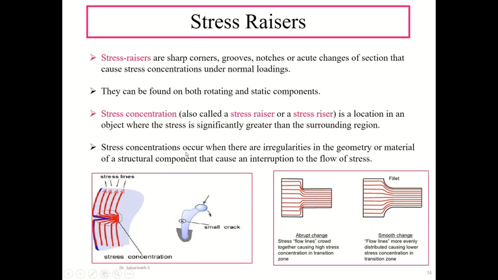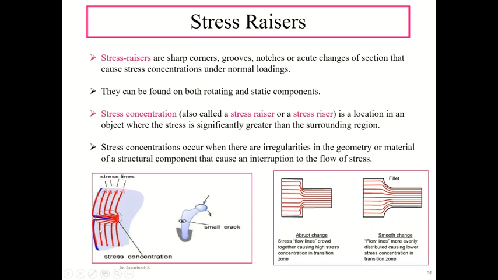Okay, so stress concentration occurs when there are irregularities in the geometry or material of a structural component that cause an interruption to the flow of stresses. If the flow of stress is interrupted by the geometry or the structural component of the material, the stress will be concentrated.